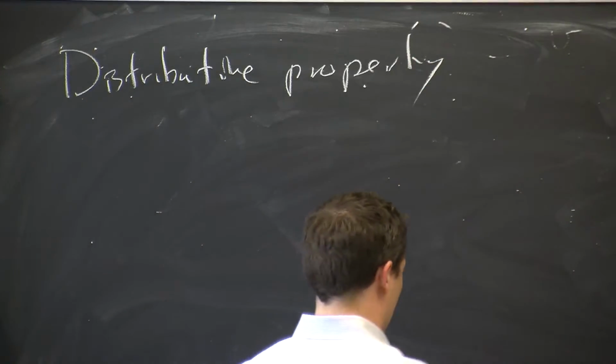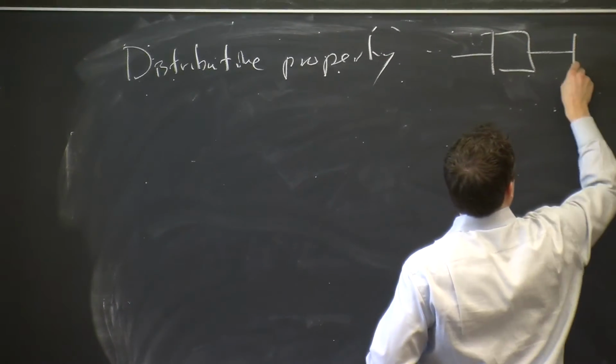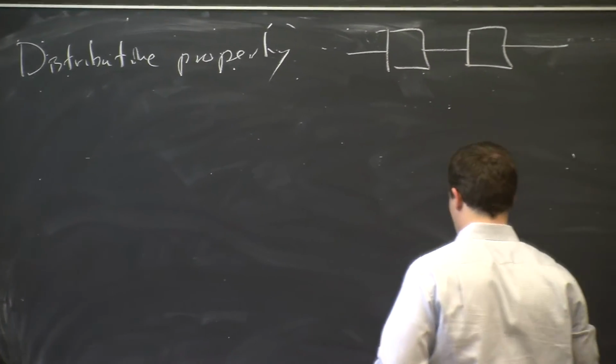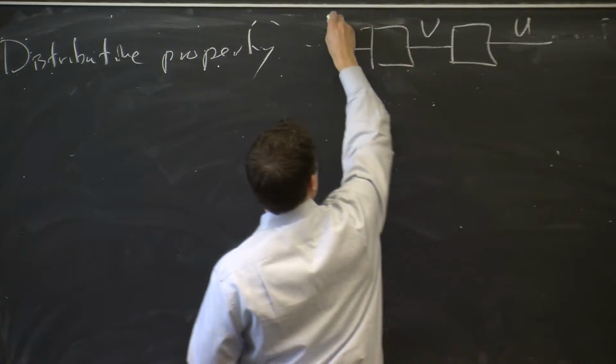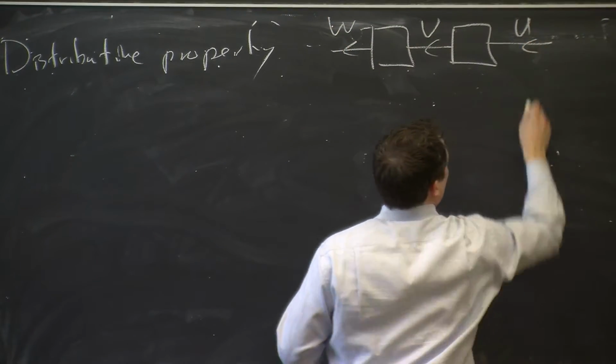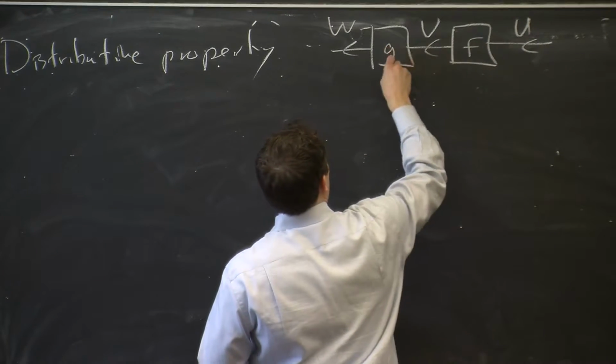So to keep track of where we are, let's say we have U, V, and W, 3 vector spaces. And we have 3 maps.